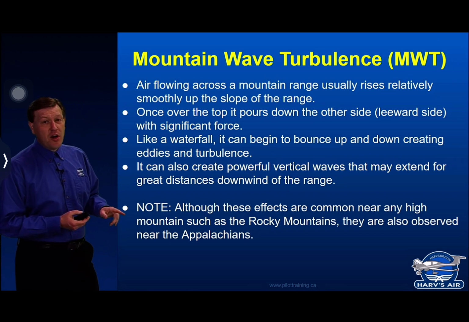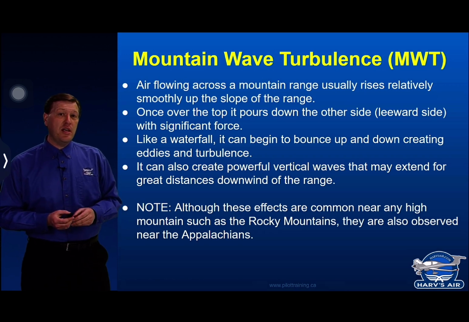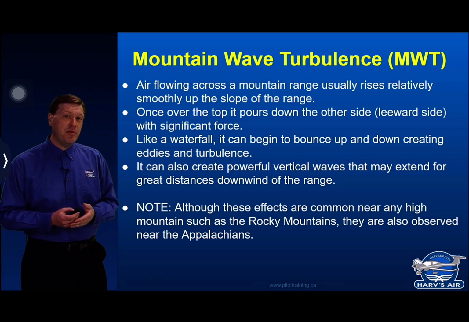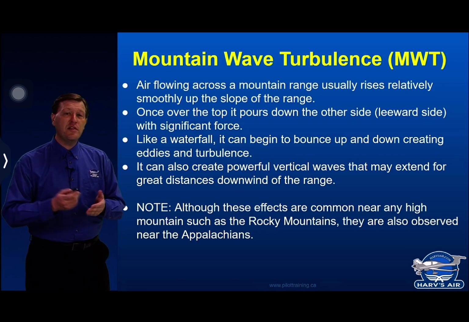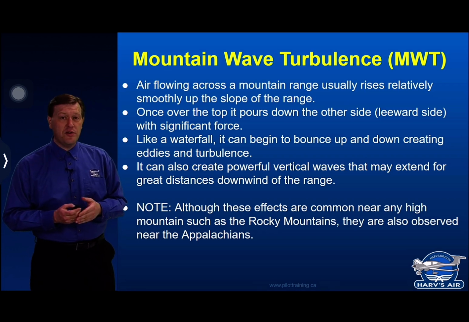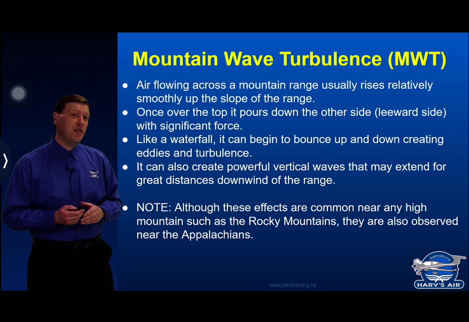Although these effects are very common in the Rockies, you need to remember that they can also happen in the Appalachians, or that just like I showed you with that big, tall, very steep hill, hills as little as 300 feet tall do show some of these traits, just not on as big of a scale.